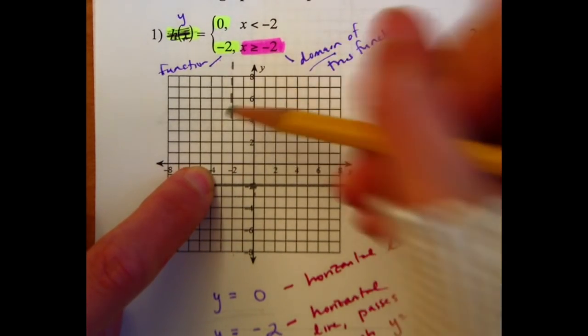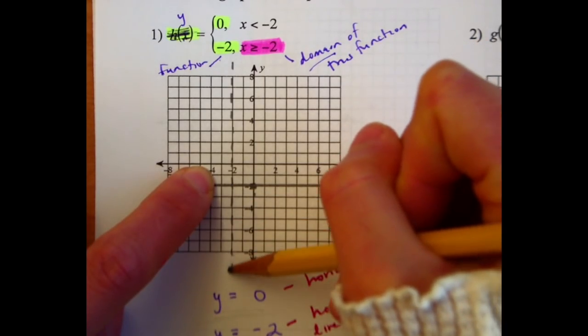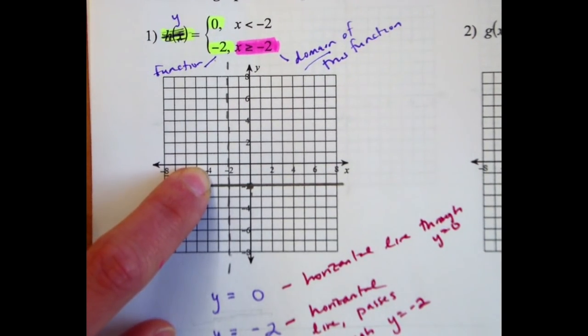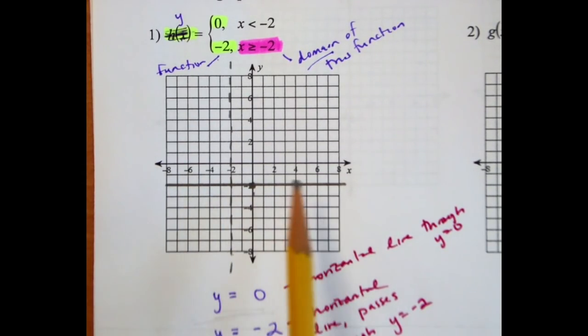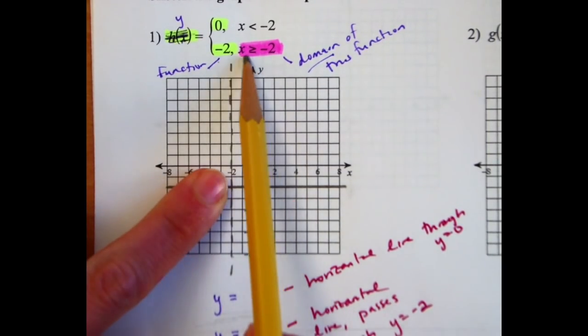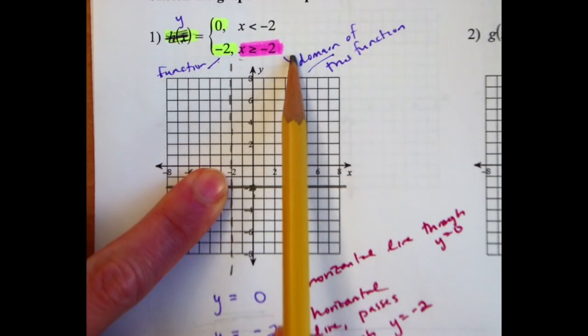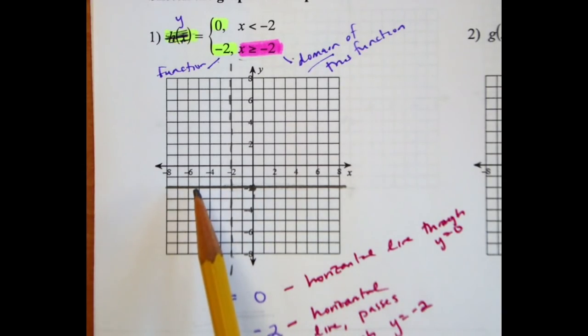I'm doing a dotted line, hopefully you can see. And I know which part of the function is going to exist, the part to the left of the -2 or to the right of the -2. It's actually going to be the part to the right of -2 because x is greater than or equal to -2. So this part of the function exists. All the part to the left of the -2 I can erase, which is why it's helpful to have my eraser.